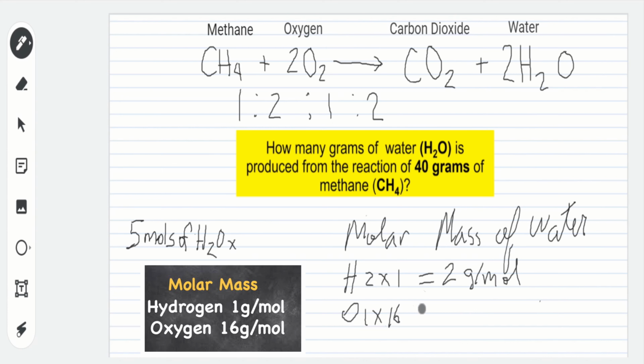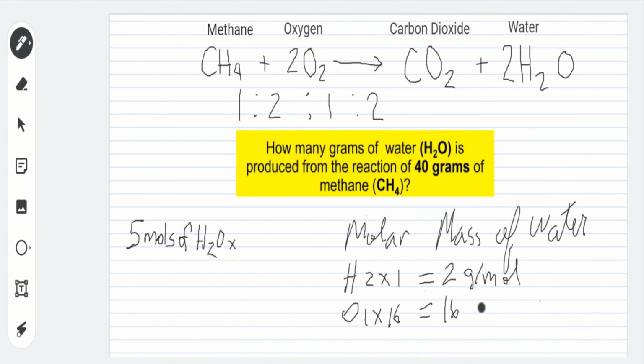So, 1 times 16, definitely we have 16 grams per mole. Okay. So, we get the total of this, 2 plus 16, we have 18 grams per mole. So, ibig sabihin, for every 1 mole of water, we have 18 grams of it.